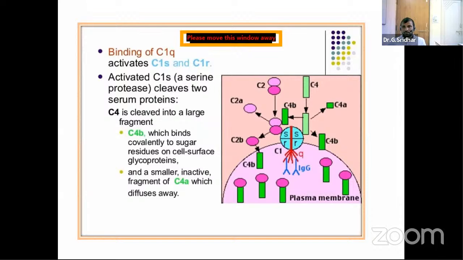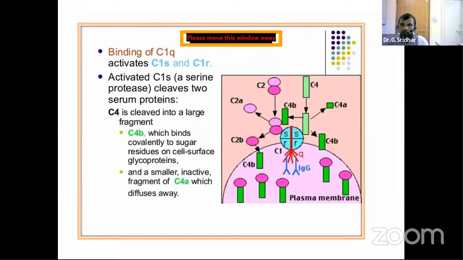Finally, the main goal of the complement system is to form the membrane attack complex. This membrane attack complex will go and bind on the cell membranes of the bacteria or infected cell and make pores in it, then kill that infected cell or bacteria.